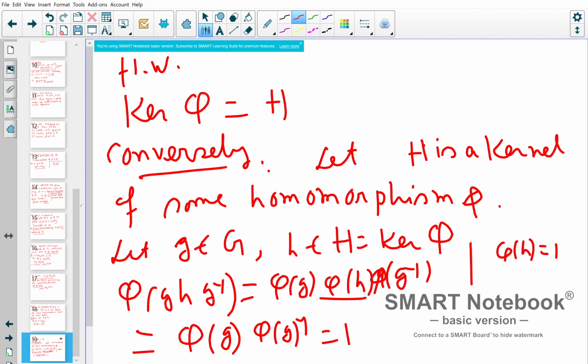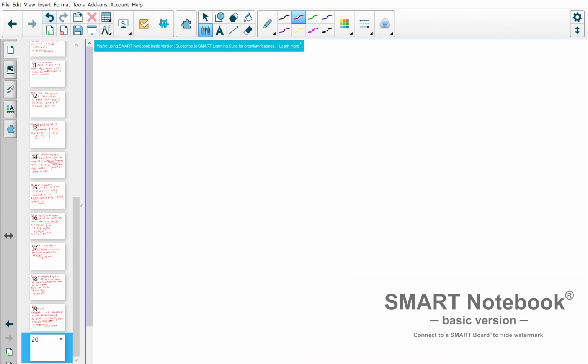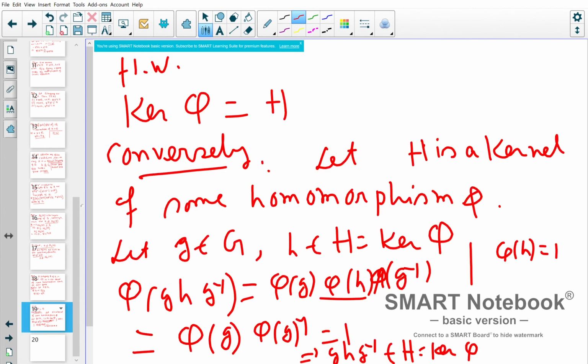So g h g inverse is again inside the kernel, which is the subgroup H. These are obvious proofs, so we can easily find out that a subgroup H is normal if and only if it is a kernel of some homomorphism, right?